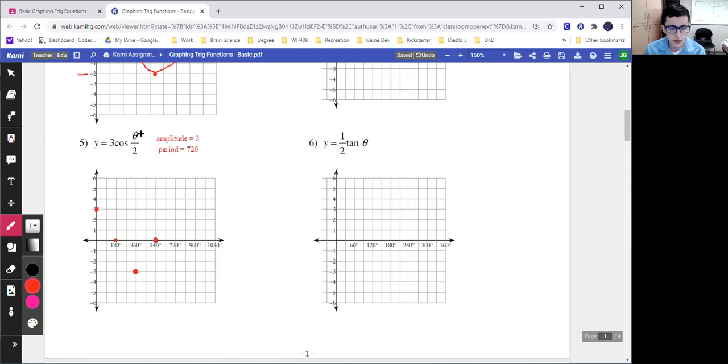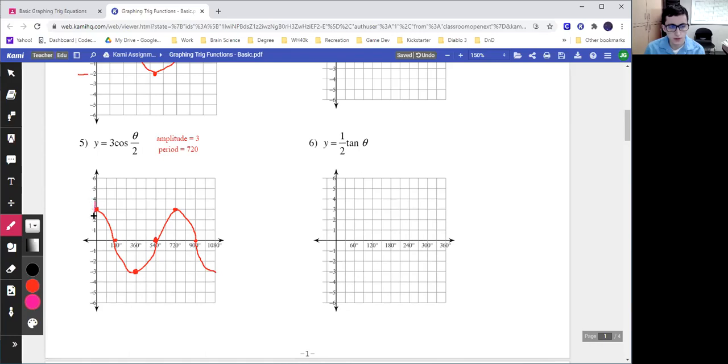And then substituting 720 in here, we get 720 over 2, which is 360. Cosine of 360 is the same as the cosine of 0, which is 1, and 1 times 3 is 3. So this comes up here. You can see that's one full cycle, because after that, it's going to come back down like this, like so.